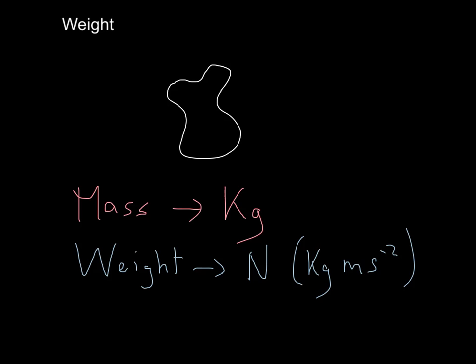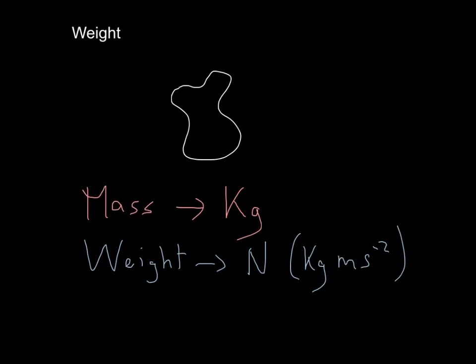Now, the way to calculate weight is to multiply our mass times the field strength of gravity in here. What's the field strength? Well, the field strength tells us how many newtons per kilogram of force I receive if I'm on the surface of the Earth. So let me just show you this.